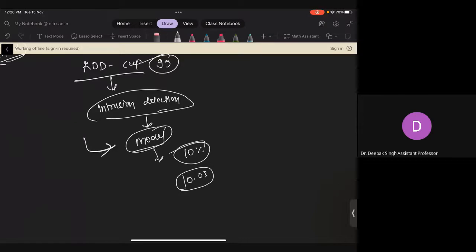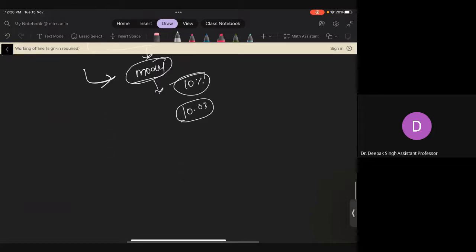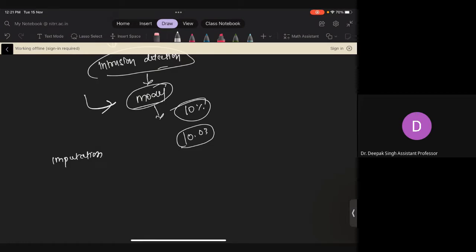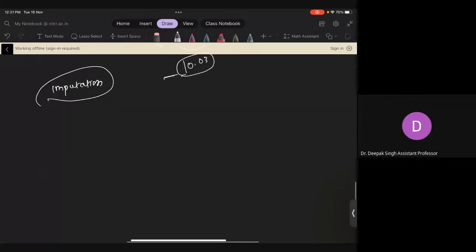And the surprise was that they only did imputation. The machine learning model was the same as already used in the developed model. But what they did is they used one imputation method which is called random indicator. Now what is this random indicator?